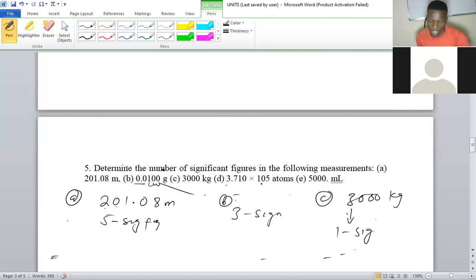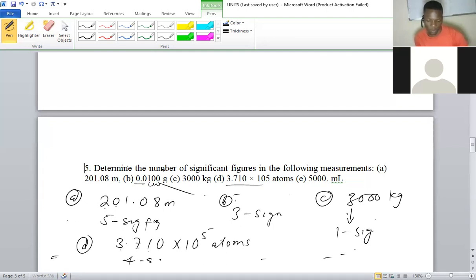And then D is 3.710 times 10 to the power 5 atoms. The number of significant figures here is 1, 2, 3, 4 significant figures. We've looked at that. I think it has to be point number 7 or point number 6 or so.